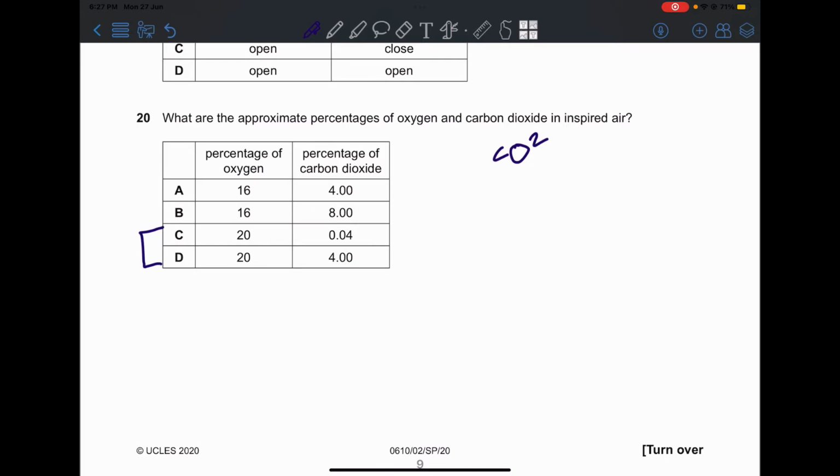So our answer is going to be C over here. 4% is in expired air, not in inspired air, because as we know, there is more carbon dioxide in the expired air because of the respiration process in our body that releases carbon dioxide and uses up oxygen.